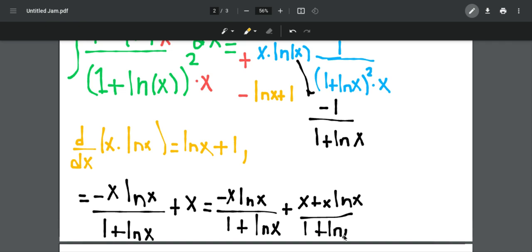When we make a common denominator, negative x ln x and x ln x cancel, so we're just left with x over 1 plus ln x for our final answer. And also a plus c at the end.